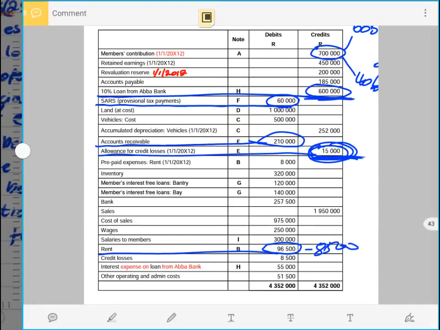So now when we calculate the interest on that, we just say 600,000 rands times 10%, and we realize that the interest on the loan is an amount of 60,000 rands. If we say the loan of 600,000 rands, we multiply this by 10%.